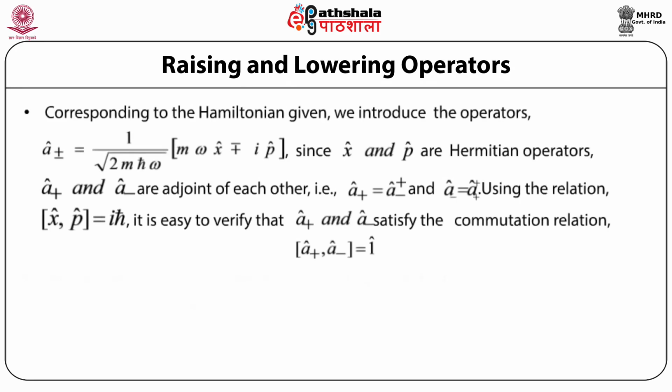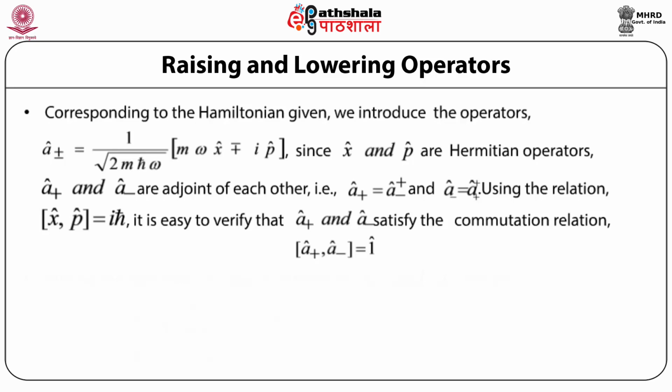Now, corresponding to the Hamiltonian given above, we can introduce the operator A plus is equal to 1 upon under root 2m h cross omega whole times within brackets m omega operator x minus iota times operator p, and the other operator is defined as operator A minus is equal to 1 upon under root twice times mass times h cross times omega whole multiplied by within brackets m omega operator x plus iota times operator p.